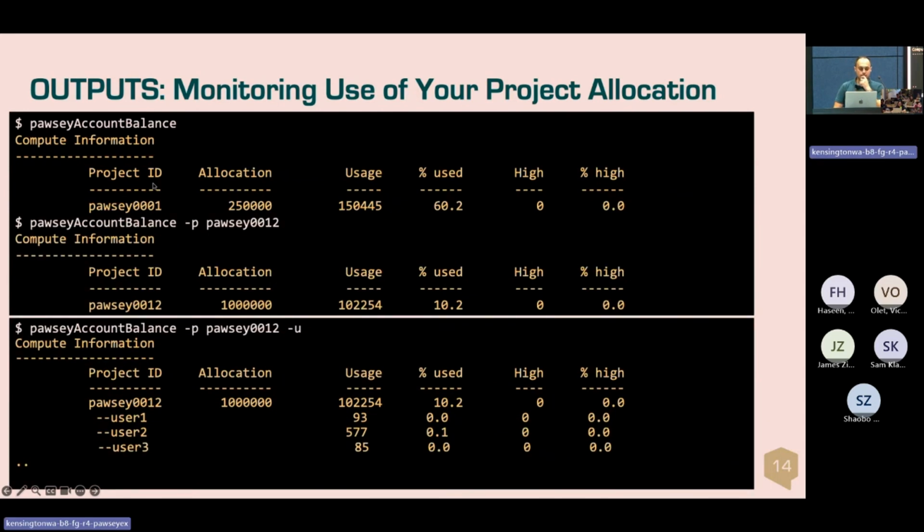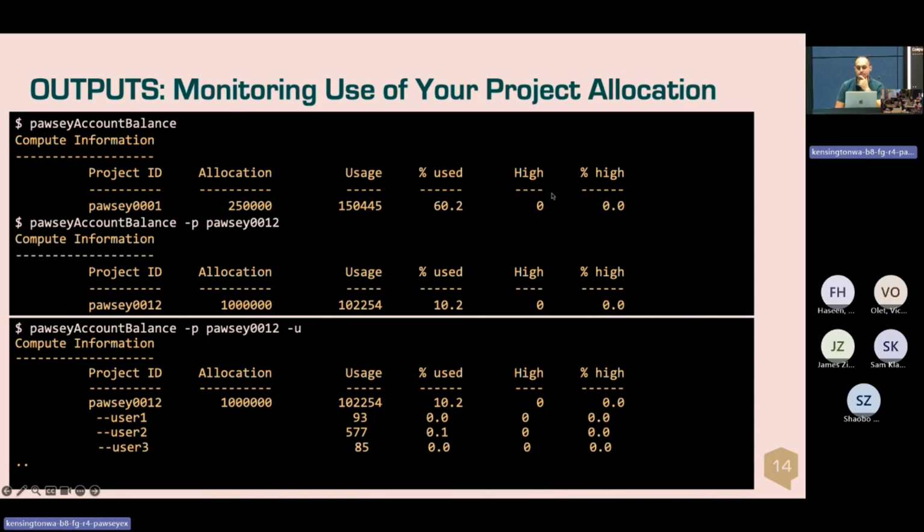You can see this Pawsey account balance tool, when run, shows the information about your default project. In this case, the information displayed is for the current quarter. We see that there are 250,000 service units available for this quarter for this project, and we've used 60% of it.